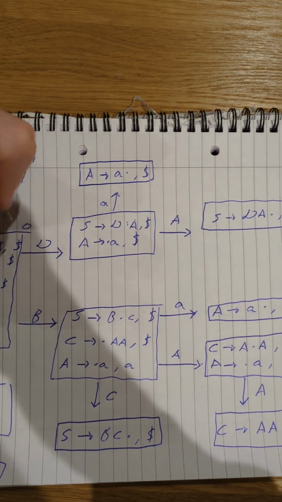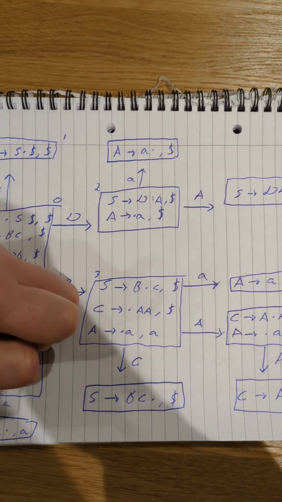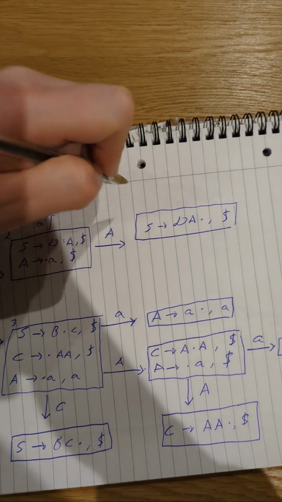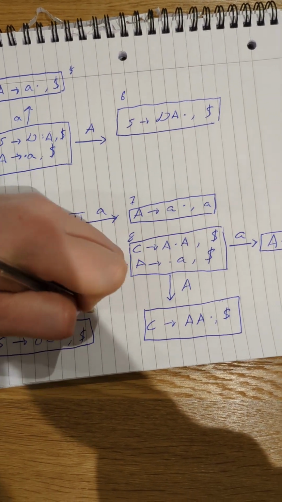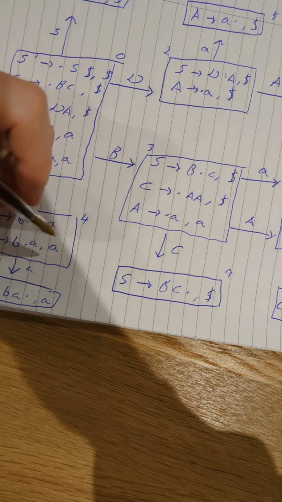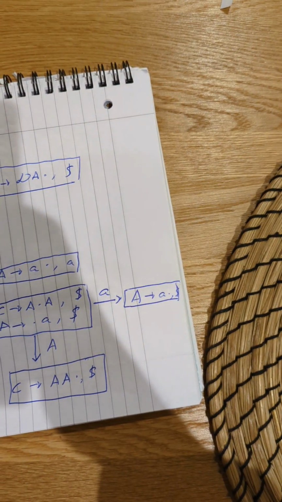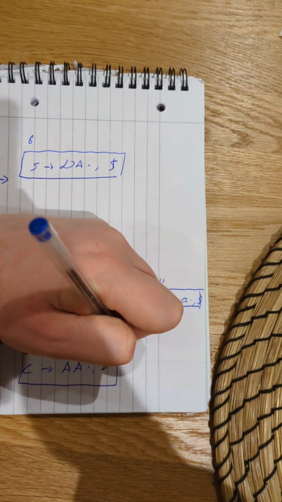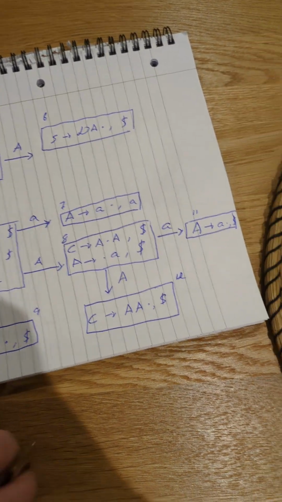So this is item set 0, 1, 2, 3, 4, and then going from here, 5, 6, from here, 7, 8, 9, from here, 10, and then the only ones left are 11 and 12 here. Okay, those numbers don't matter. You can give them any numbers you want. Next, we're going to move on to constructing the parsing table from this.